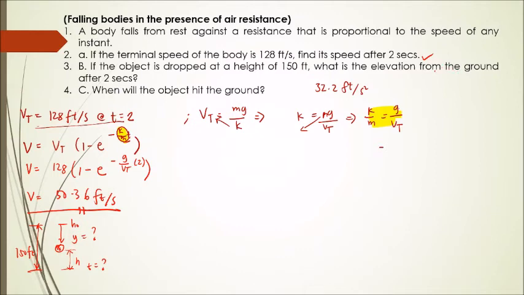So we have 2 seconds, so we can use the equation that we found for y earlier. We're looking for y. So this is actually vt times t plus m over k times e to the negative k over m times t, minus m over k.